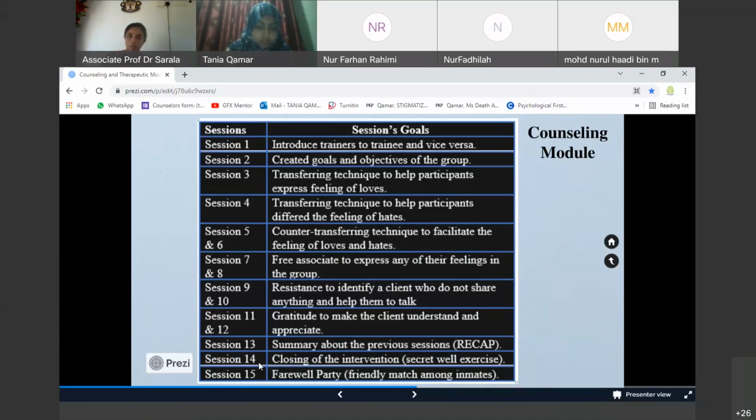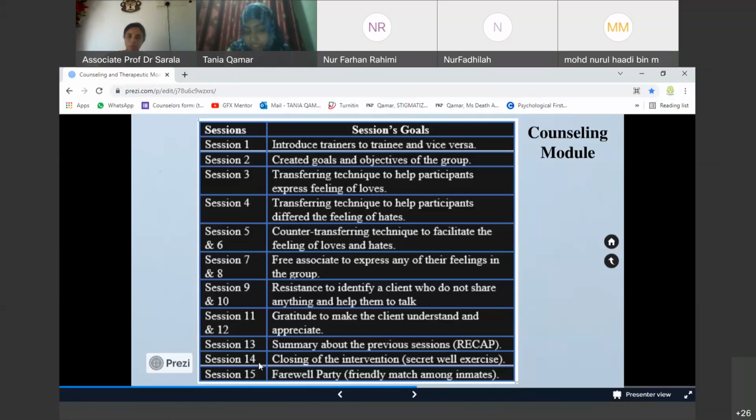You can also relate all these things with different theories, especially Carl Rogers' theory. In sessions 9 and 10, resistance, to identify a client who does not share anything and help them to talk. Sessions 11 and 12, gratitude, to make the client understand and appreciate.